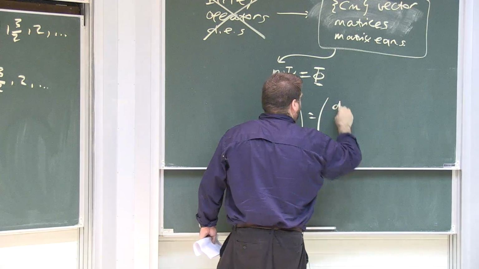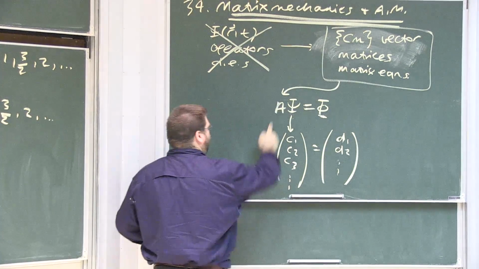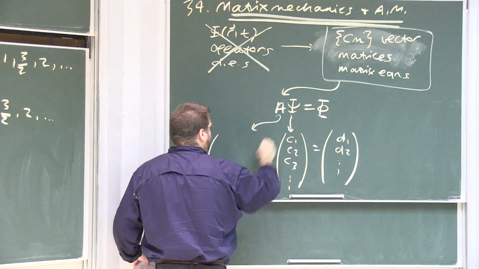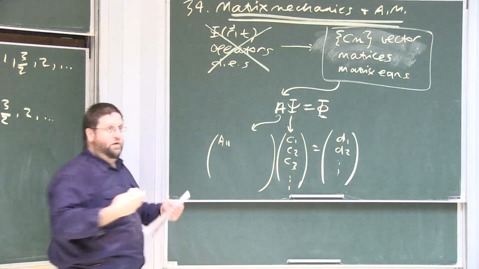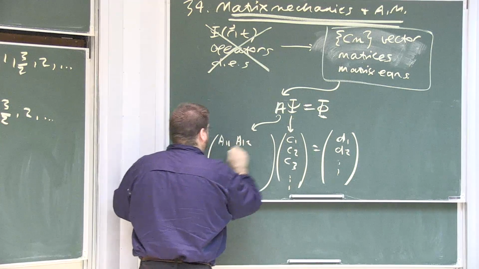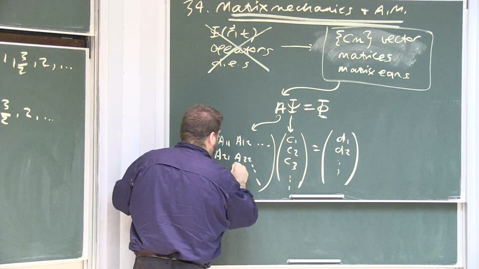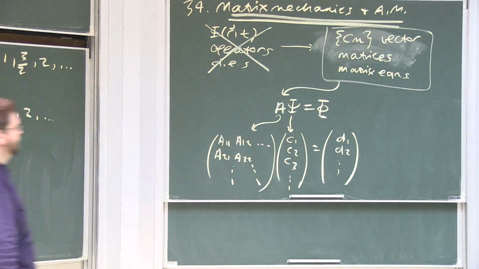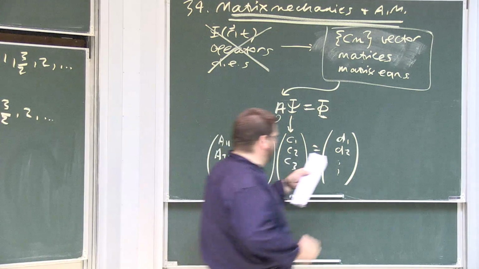Phi was represented by its coefficients d1, d2, etc. in its eigenfunction expansion, and the linear operator A was represented by a matrix, the matrix elements of which were A11, A12, A21, etc. And this was an infinite dimensional matrix. And so we learned the expression for the matrix elements.